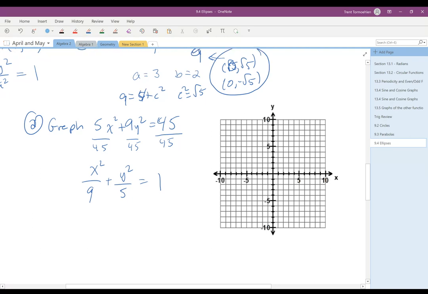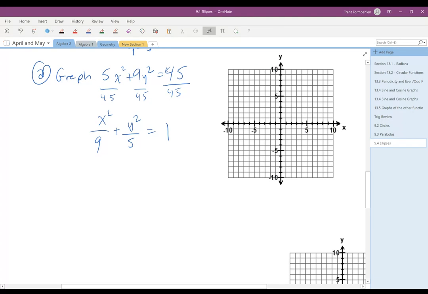As we go through and determine the things we need to be able to graph this, our a value, or the major axis, is going to be 3. B is going to be square root of 5, because remember, it's x squared over a squared plus y squared over b squared. So if b squared equals 5, then b equals square root of 5.